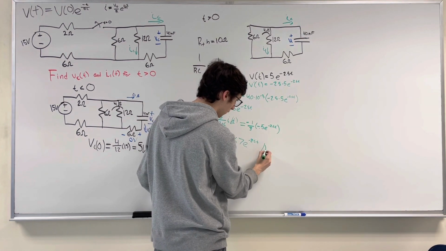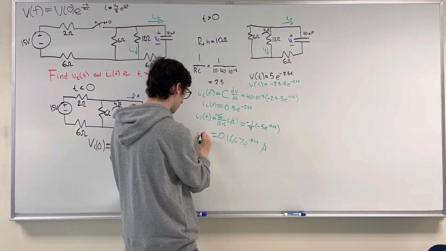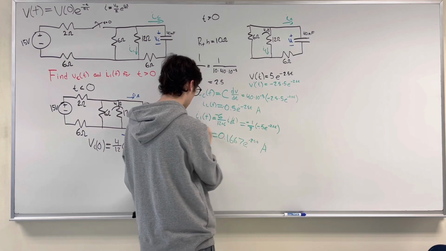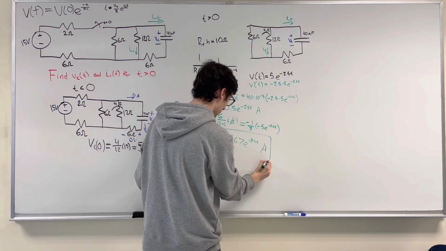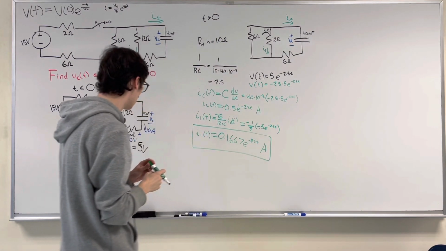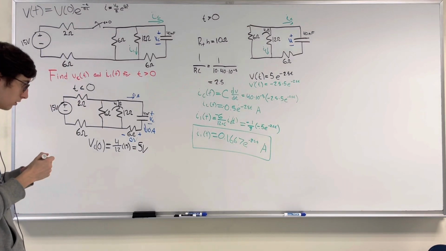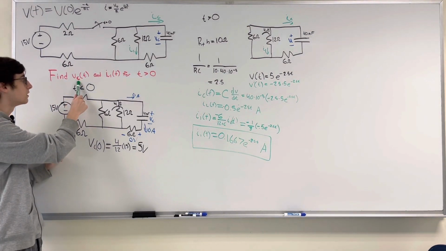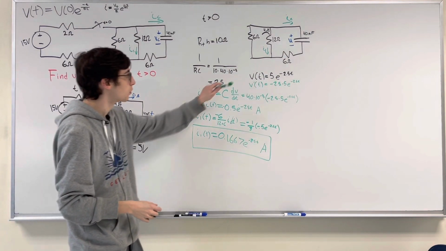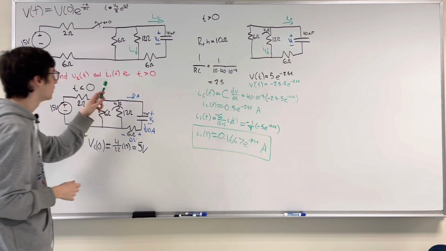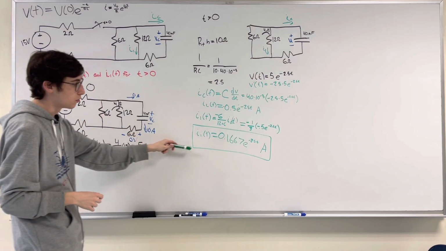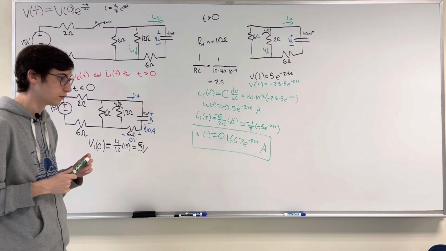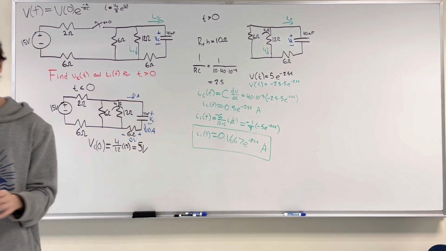Oh, and of course these equations are in amps. So our two answers that we needed: we found v sub c of t, which was this equation right here, and I sub 1 of t, which is this equation right here. All right, that's our first problem. Let's move on.